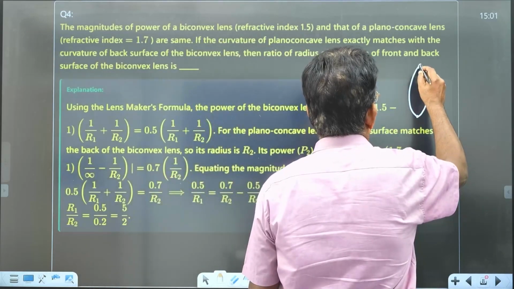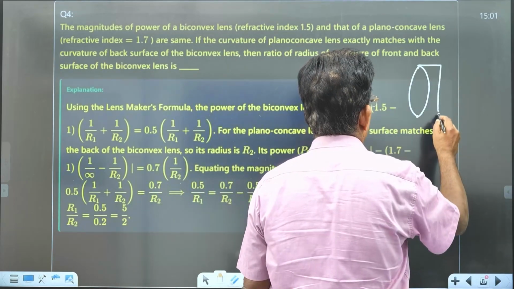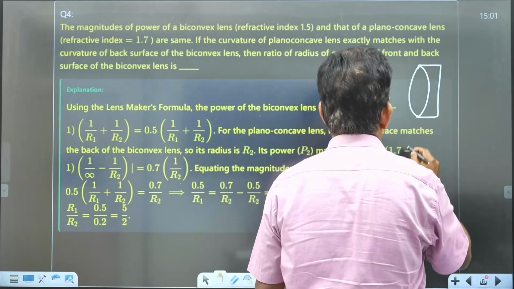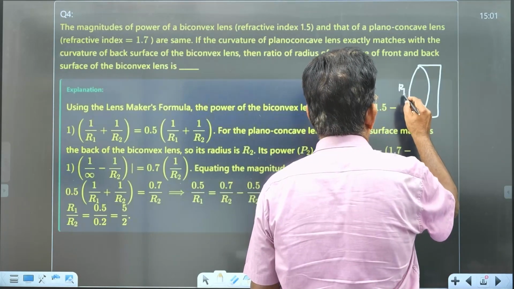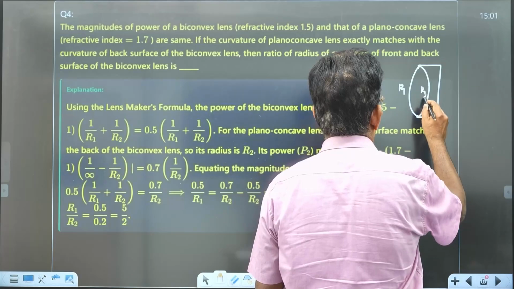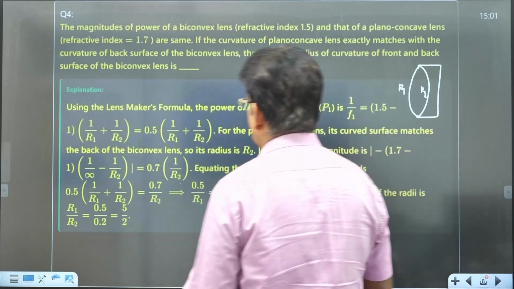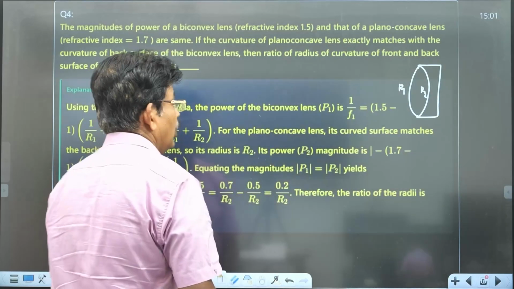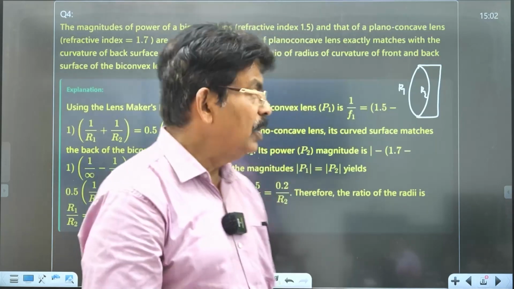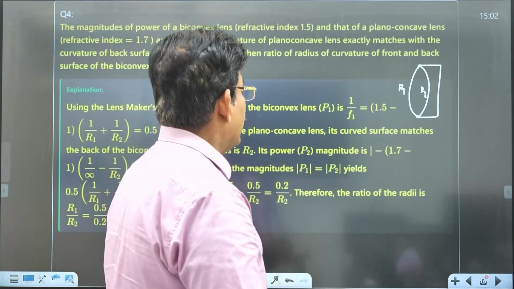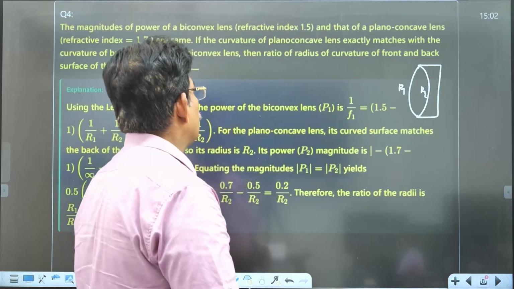So this is the arrangement. So for this lens, R1, R2. For the biconvex lens, curvatures are R1 and R2, and for the plano-concave lens, curvature is R2.